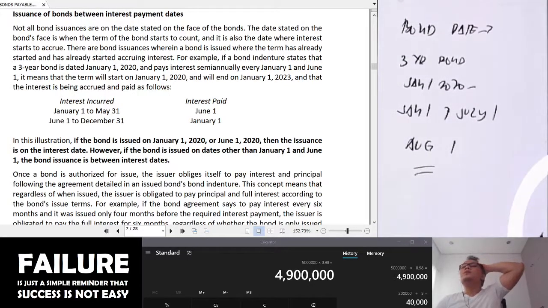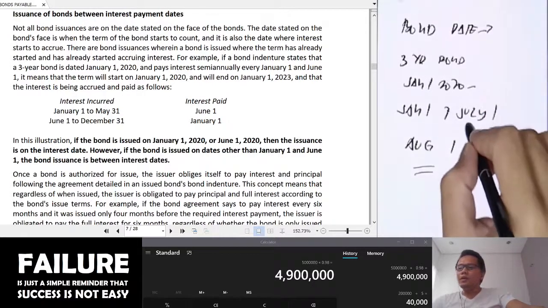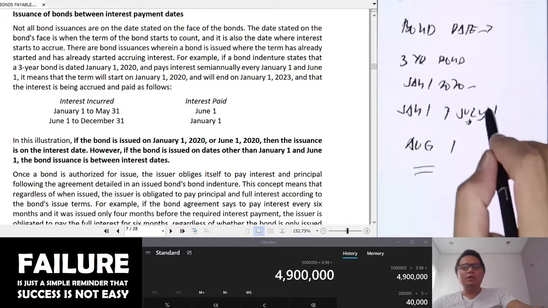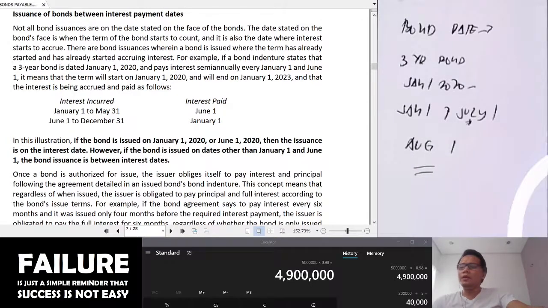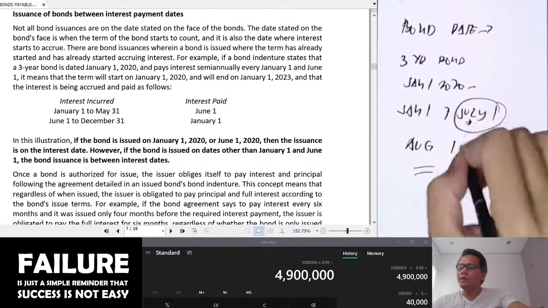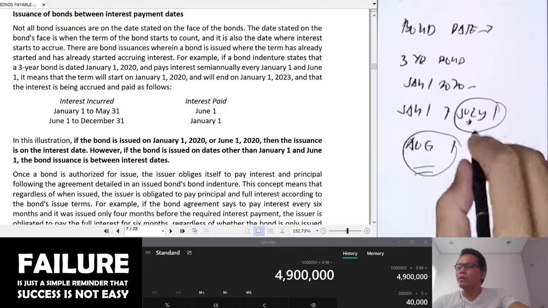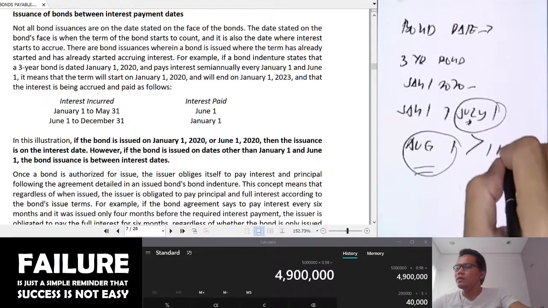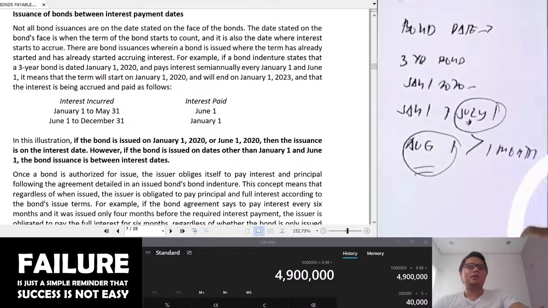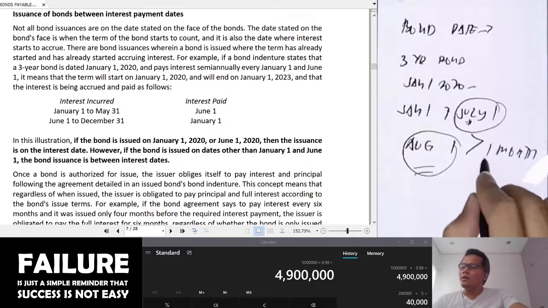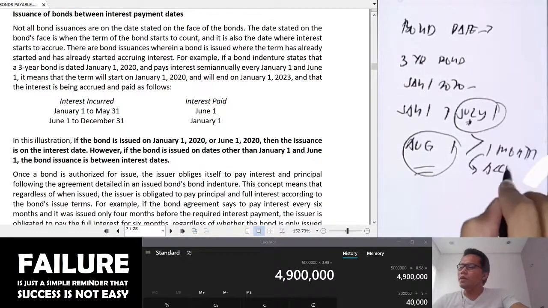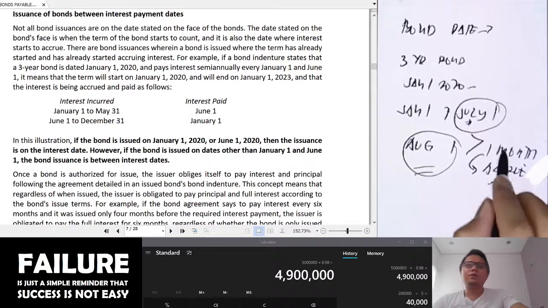So that means, from the date of the latest interest payment, which is July 1, to August 1, there is now a difference of 1 month. Di ba? Meron nang nag-accrue na interest for 1 month.